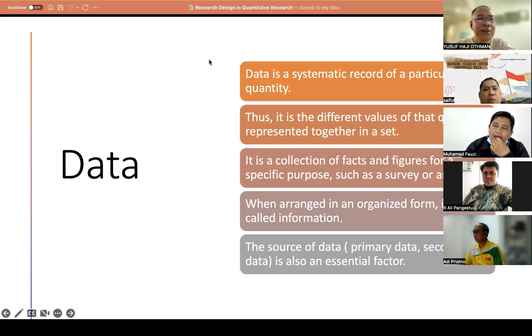Because PhD is not about answering all the questions. PhD is about answering the questions that you set. You have the control to set the research questions. You have the control to set the research objectives. So stick to what you want to answer.